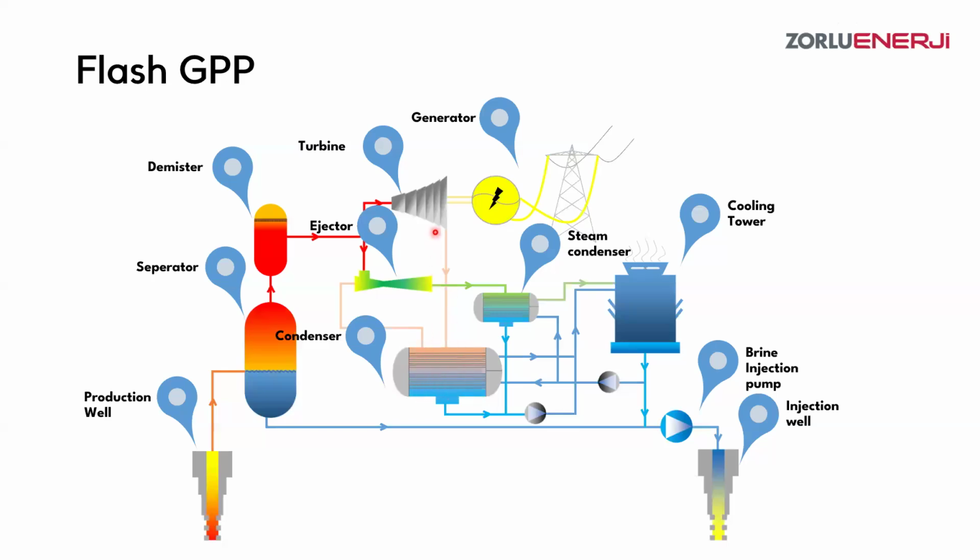Okay, in this condenser, you have to turn the remaining gas to liquid form to use in the system, because in the gas form you cannot use either steam or non-condensable gases.